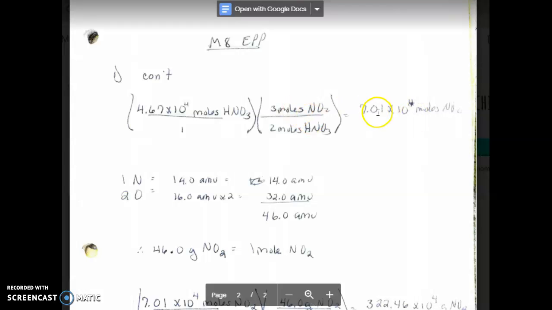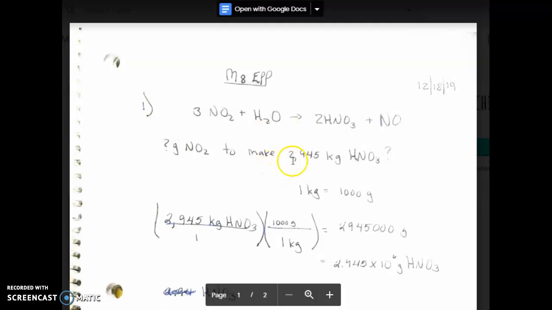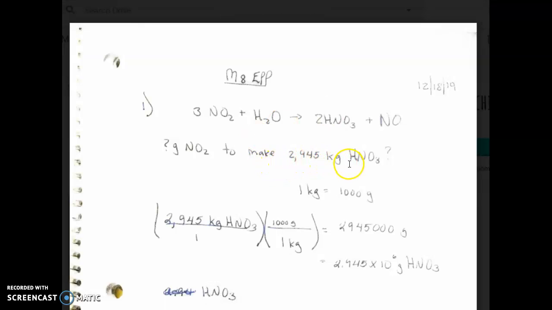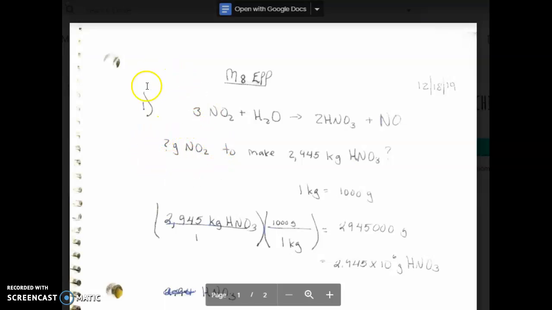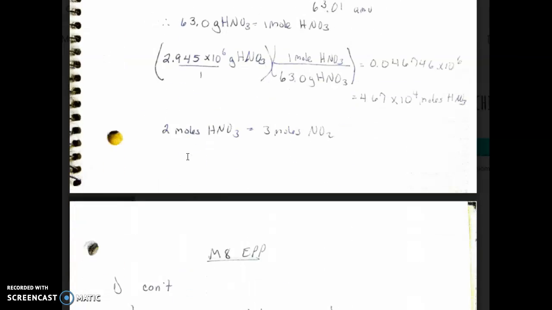That's great. Now we know how many moles are required to make this 2,945 kilograms of HNO3. But if we look back at what we wrote down, we don't want the number of moles. We want to know how many grams, how much mass we have to weigh out of the NO2. So again, we go back to our periodic chart and find the molar mass of NO2.